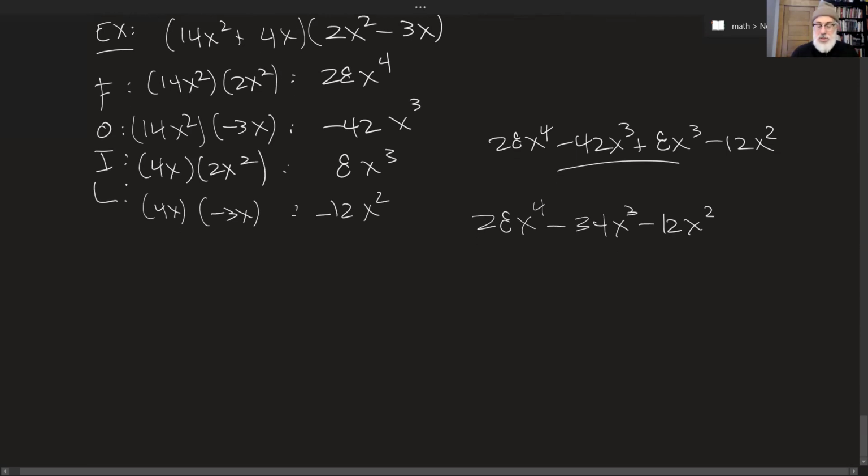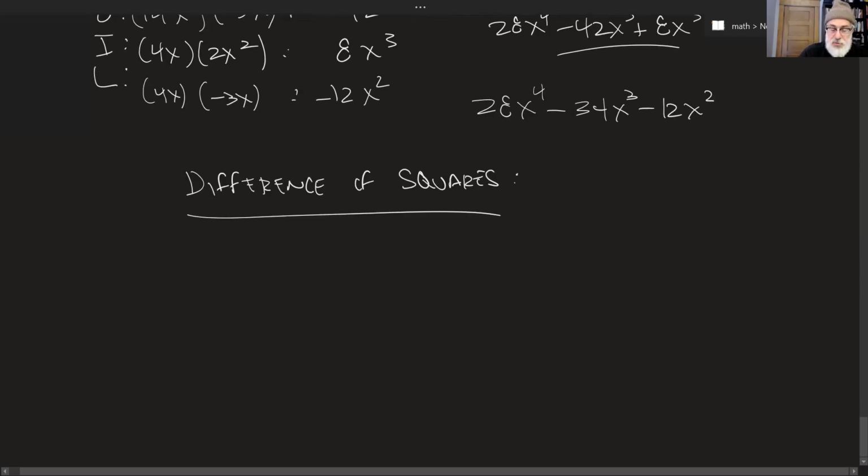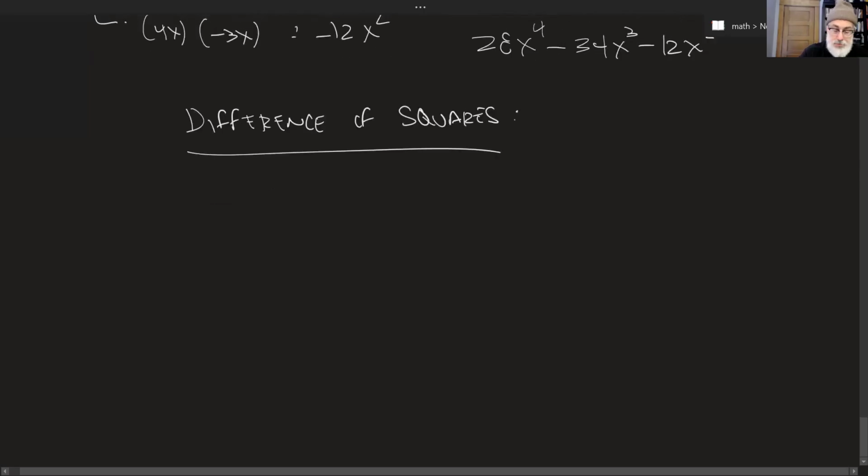All right, so that's FOIL. Now there's some nice forms we'll call shortcuts. The first one we're going to talk about is called the difference of squares. If you forget the difference of squares, you can always FOIL.